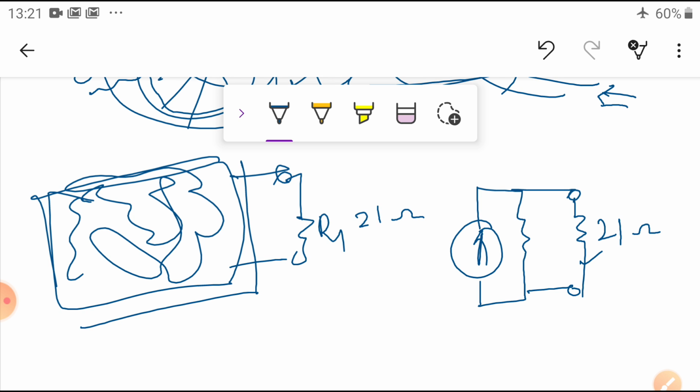Because this is a current source and this is a resistance, both are in parallel, so based on current division I can find the current in this one.